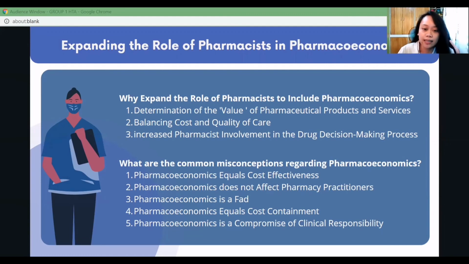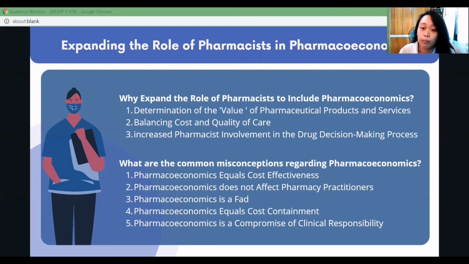Next is, what are the misconceptions regarding pharmacoeconomics? So first, pharmacoeconomics equals cost effectiveness. Of course, that is a misconception kasi when we talk about cost effectiveness, it is only one of several methods used to place value on drug therapy, whereas pharmacoeconomics is a broad assessment.